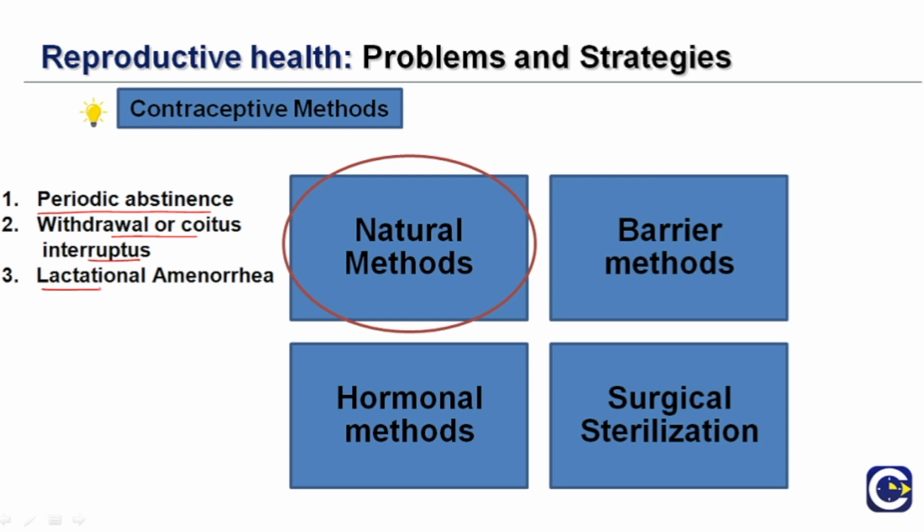And the third and last one that we saw is lactational amenorrhea. It is based on the fact that during breastfeeding, a woman generally doesn't have active ovulation going on. So the couple can have sex during this period, but they should be very careful, because this period of 6 months is not always very strict.